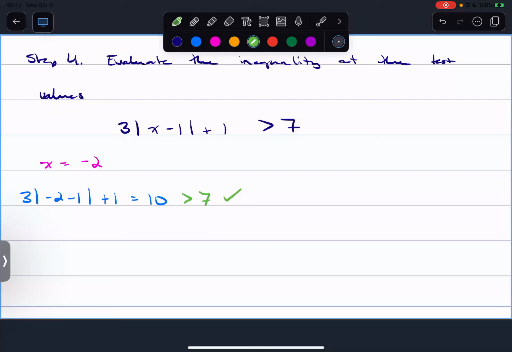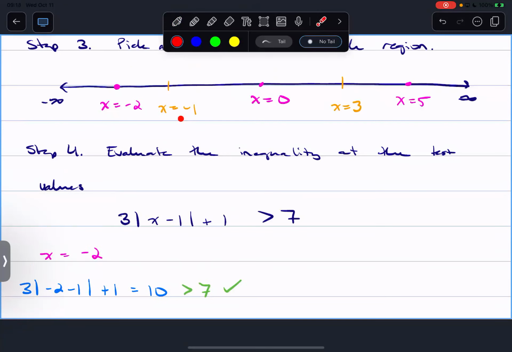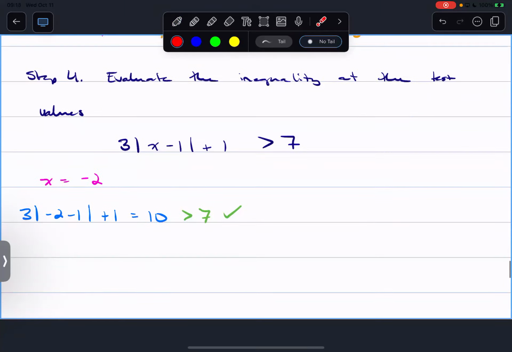Right? And that checks out, because we saw from the graph that as long as x is less than -1, we're going to get outputs greater than 7.